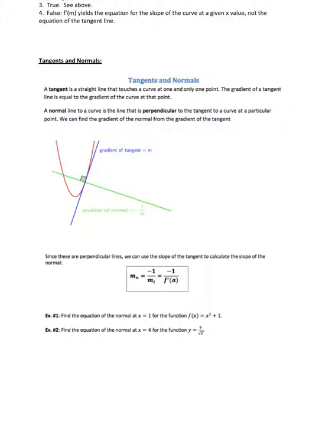Yeah? So is a normal line a line that is perpendicular to the tangent line? Yes. So you really just need to find the slope of the tangent line, right? And when you know the slope of the tangent line, you just find the opposite reciprocal slope. You plug in your x and y like we did before.